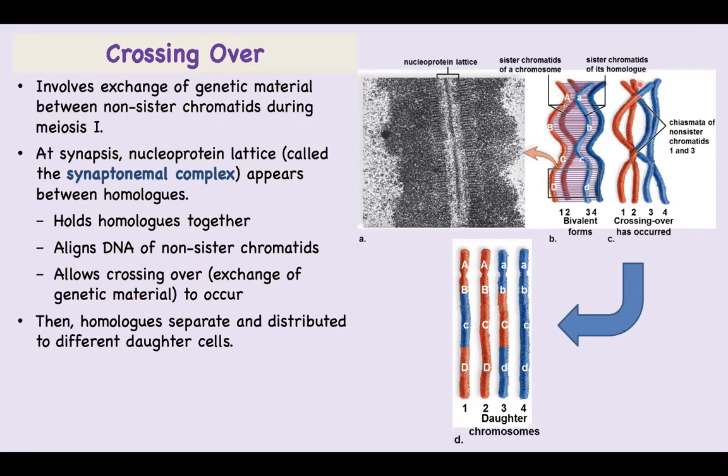This is the chiasmata of non-sister chromatids, the point of the crossing over. Okay. So homologs then separate and are distributed to different daughter cells. So daripada you nampak yang ni A, B, C, D merah and A, B, C, D biru ni kan. Dia dah bergabung because the crossing over has happened. So this is called synapsis. Crossing over has occurred. Okay.